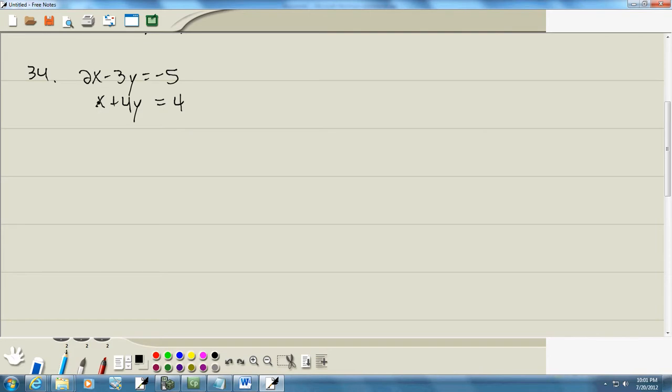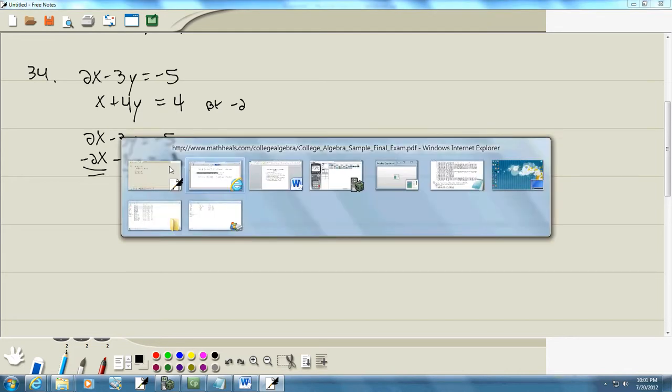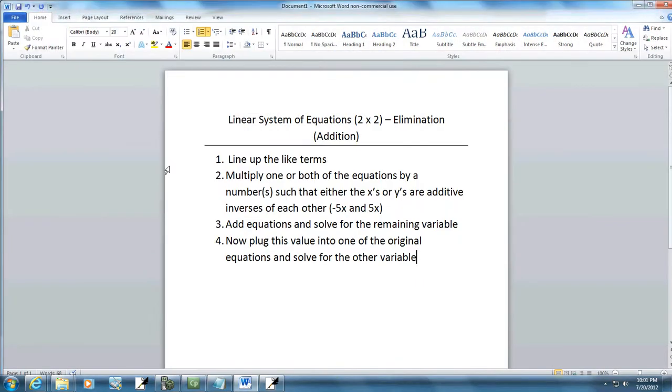I'll probably eliminate the x's. That's a little easier. Because I see this as a 2x. This just has to be a negative 2x, and then they're additive inverses of each other. They're already lined up and everything. So I want to multiply this second equation by negative 2. So the first equation remains as is. Negative 2 times x is negative 2x. Negative 2 times 4y is negative 8y. Negative 2 times 4 is negative 8. I think that was step, what step was that? Step 2.